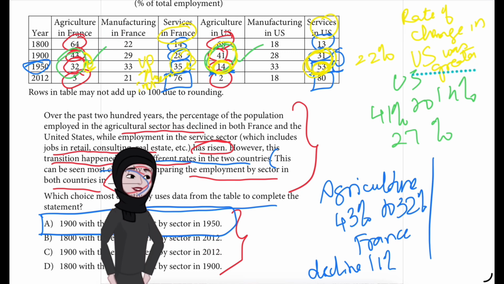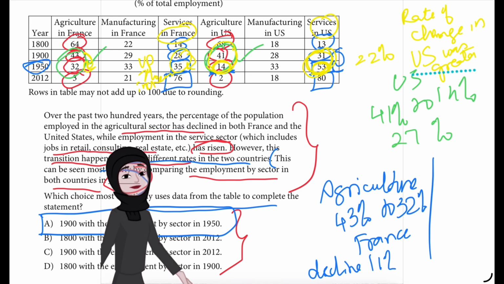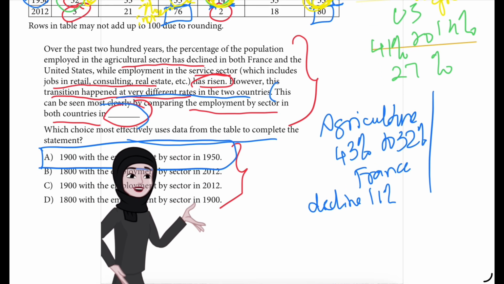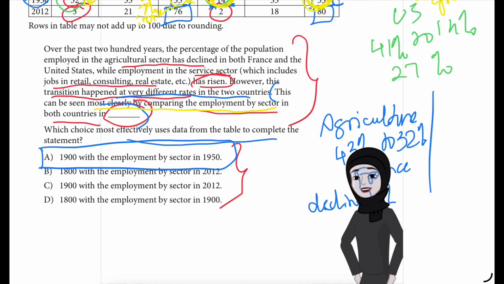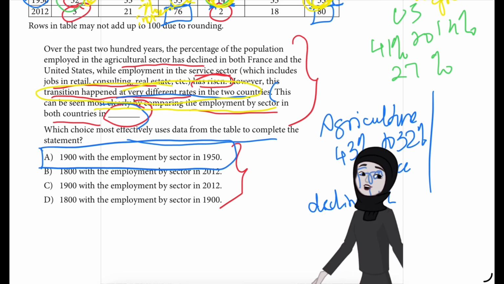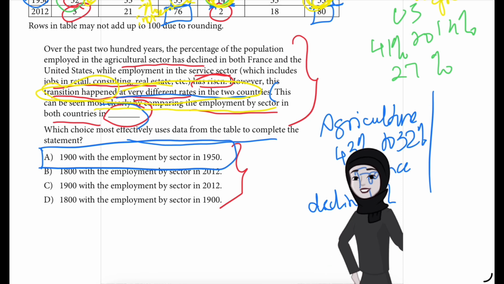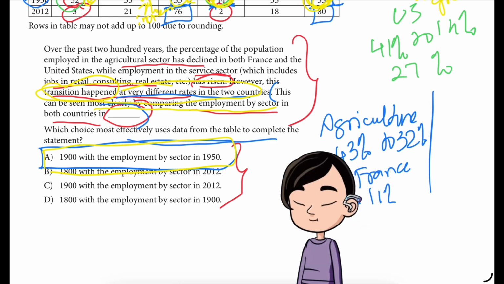Agriculture 41 to 14% and services 31 to 53%. So that clearly shows that the rate of change was greater in the US than in France for both sectors. So this clearly shows that this transition happened at two different rates in the two countries. So this can be best displayed from the data from 1900 to 1950.